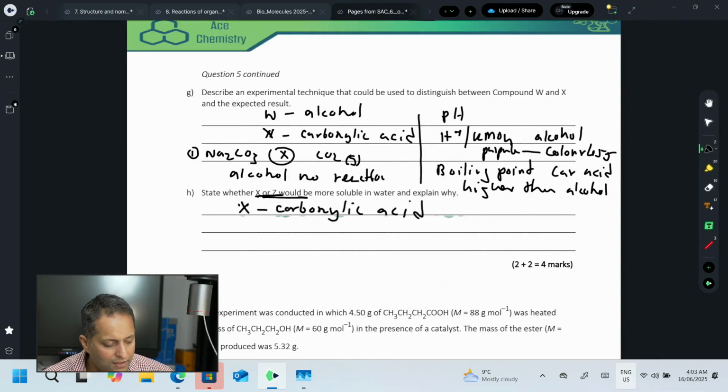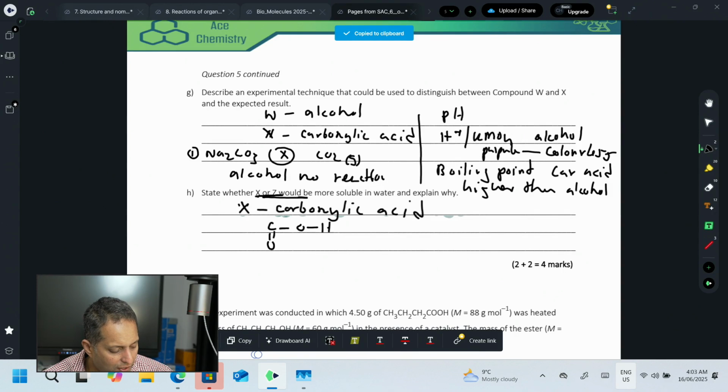So the carboxyl group can make hydrogen bonds with water. This hydrogen is the hydrogen bonding hydrogen.